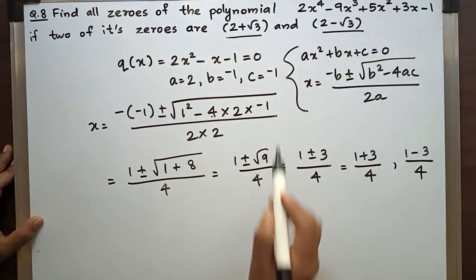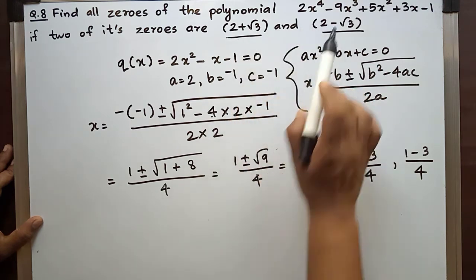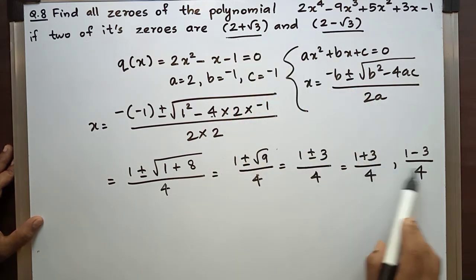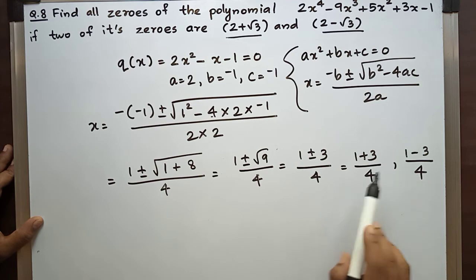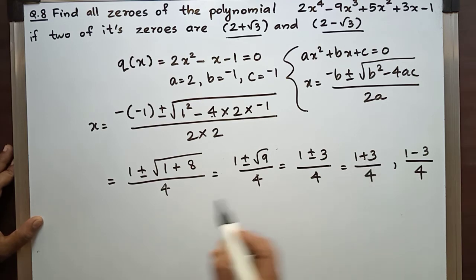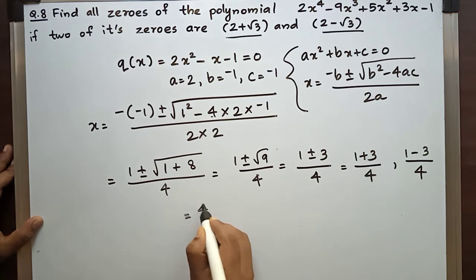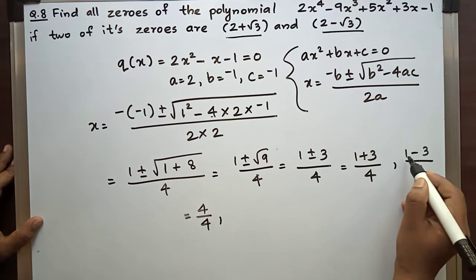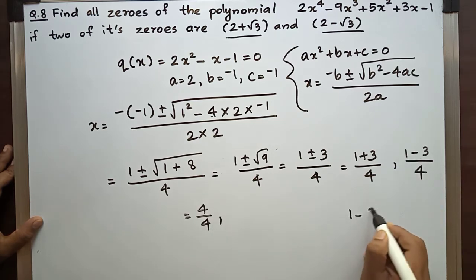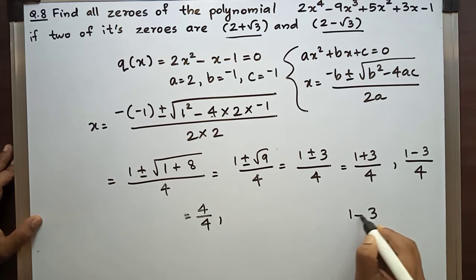Already we have 2 zeros of the polynomial in the question itself, and we got another 2 zeros of the polynomial here. 1 plus 3 means 4, so 4 by 4, or 1 minus 3. 1 minus 3 can be taken as, I am going to split this negative symbol into plus minus. Plus minus coming together is negative.